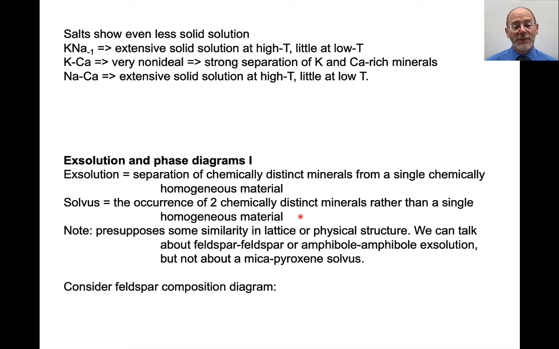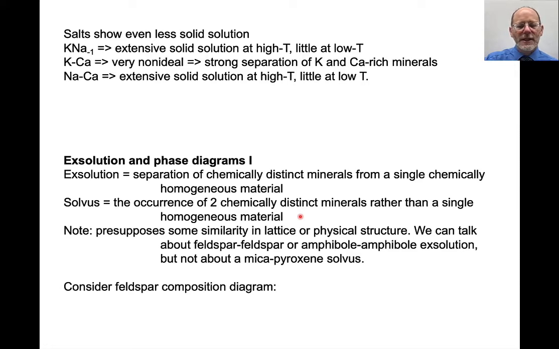Now, a solvus presupposes that there's some kind of similarity in lattice or physical structure. So we can talk about feldspar-feldspar solvi, or pyroxene-pyroxene solvi, or amphibole-amphibole solvi, but we really can't talk about a solvus between two completely different minerals. We wouldn't talk about a mica olivine solvus, a mica pyroxene solvus, or anything like that.